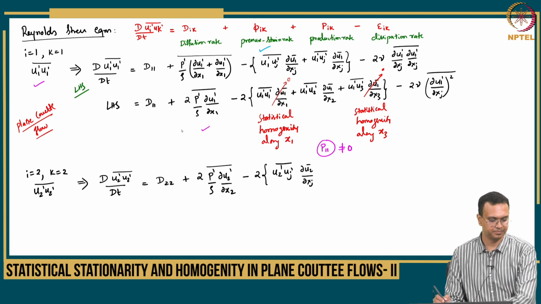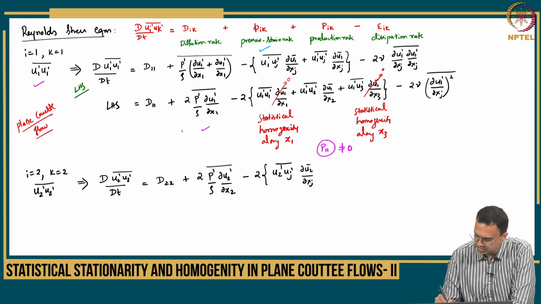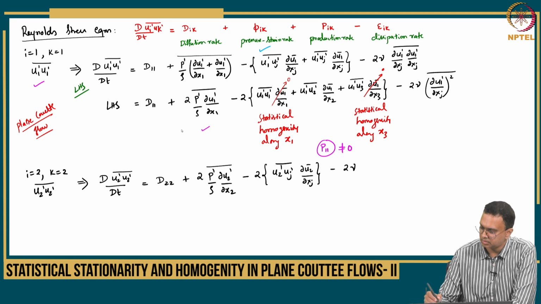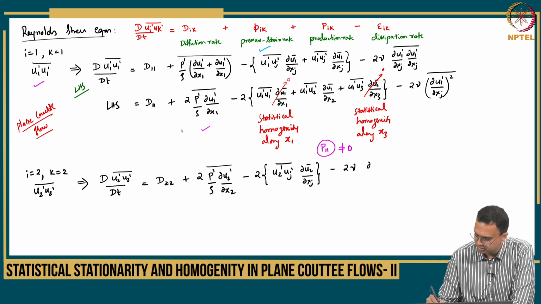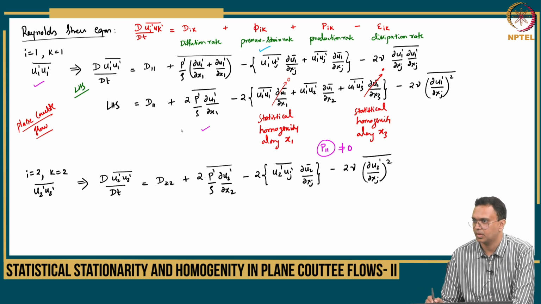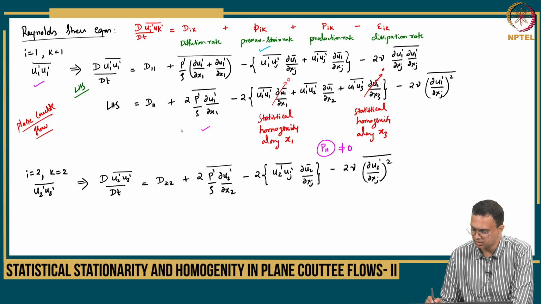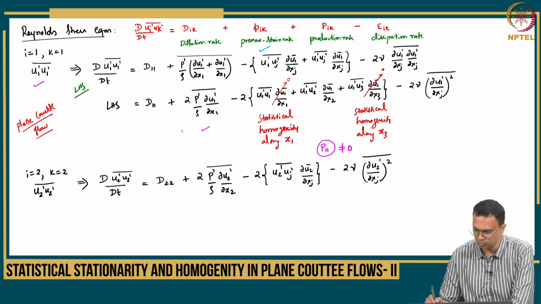Yes. So I would get this as the production rate term, minus 2 nu, again it's ik, so that means it will be dou u2 prime by dou xj squared. So this is the epsilon 22 term here.